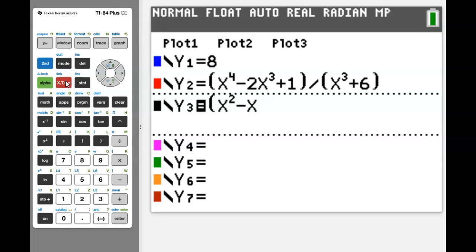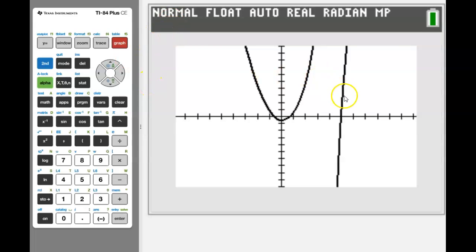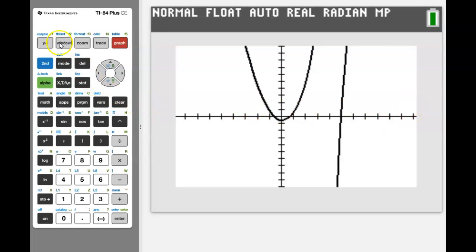What's the original problem? x cubed minus 5x squared plus 2, divided by x minus 4. Okay, so if I graph that, this is what it looks like. That's an asymptote. There's a vertical asymptote, but there has to be something to the right of that, right?